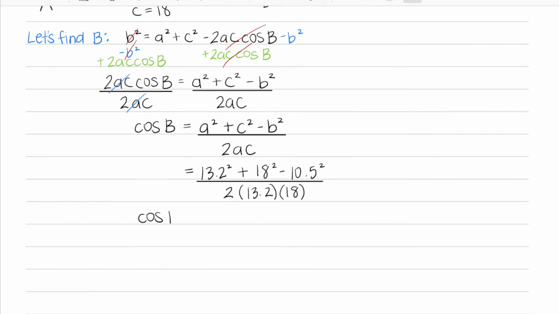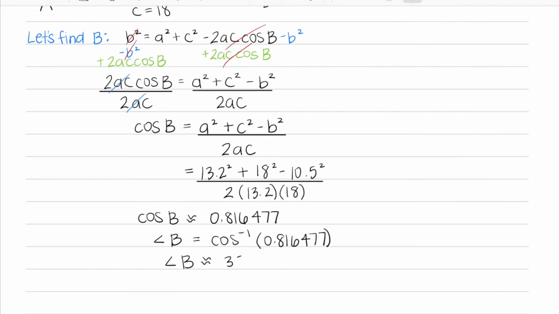So cosine B is approximately 0.816477. And to get that angle B alone, we would just do the inverse cosine. So angle B equals the inverse cosine of 0.816477, which if you plug into your calculator is approximately 35.3.